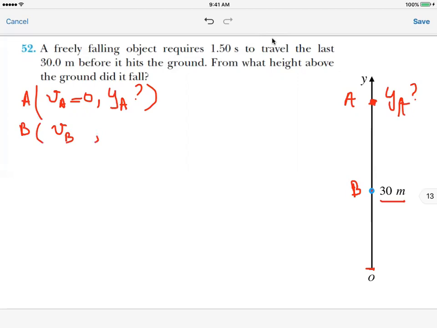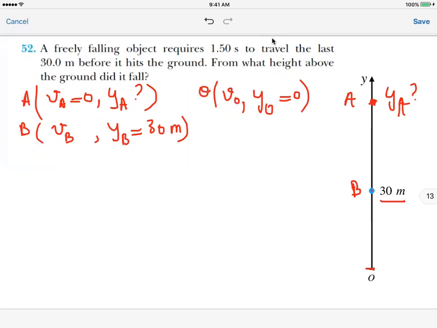It's not our unknown, the VB, but still, I think we will need it in order to solve the problem, but we will see this later on. And we know that YB is equal to 30 meters, so it is known. And we have the point O, at which we have some velocity, of course, VO, and YO, which is equal to 0 as well.